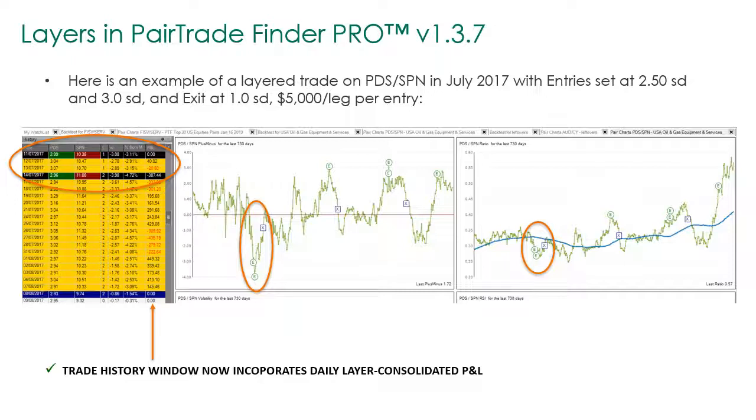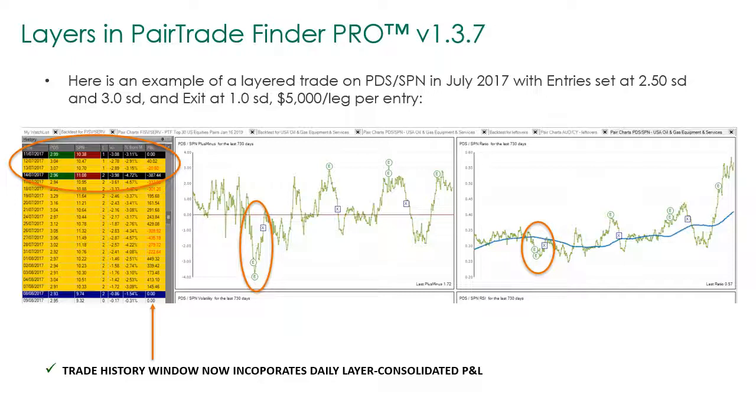Now you'll see on the left-hand side in the trade history window, it entered on the 11th of July because the spread blew out, or sorry, the ratio went wide, and the deviation was closed at 3.08 negative. Okay, so that triggered the first leg of 2.5.